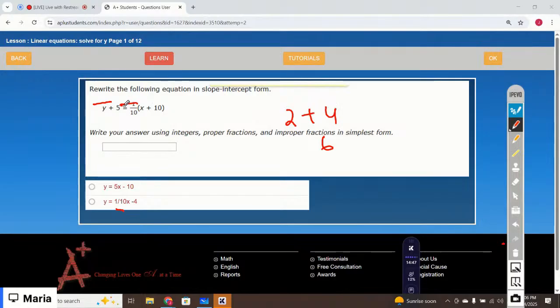That is 1 by 10 times x is 1 by 10x, and 1 by 10 times 10 is 1.